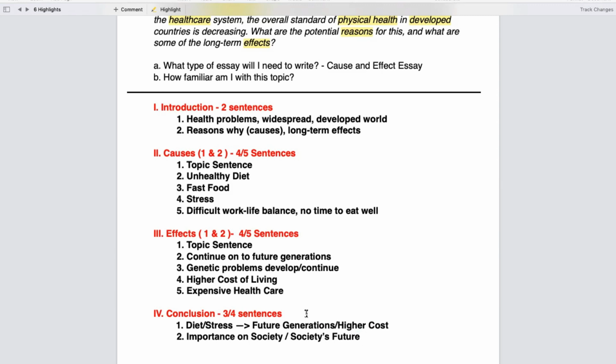So the fact here that I'm talking about the future, I know that I can use some future tenses here. Perhaps talking about stress and a difficult work-life balance, I can use some present perfect. Perhaps thinking about someone who has worked in a certain industry for a long time, I can talk about how stress has contributed to his or her life.